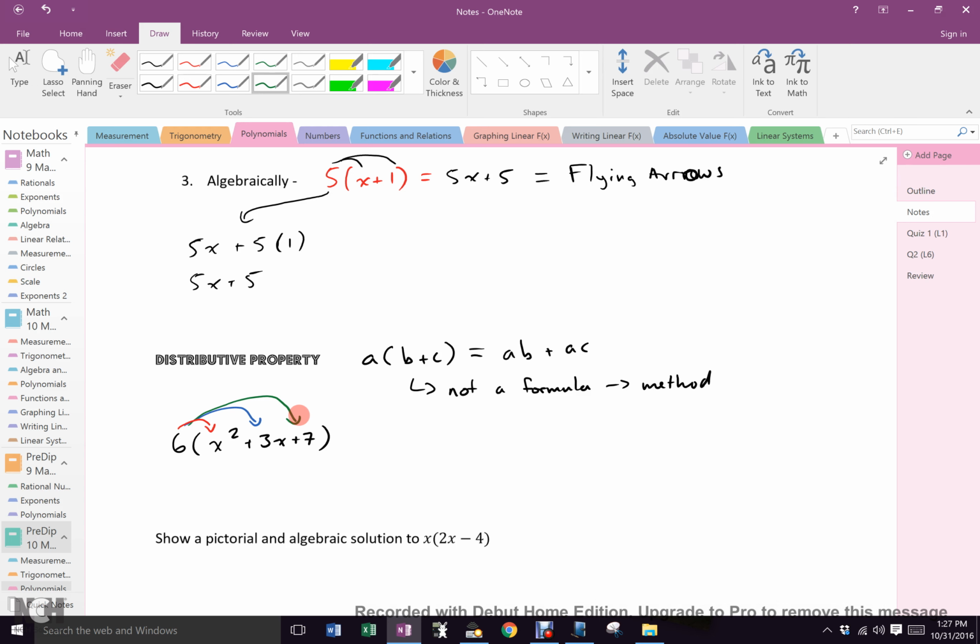You already know this. This is not news to you, but there's a couple of other warnings. What if there's a negative out in front? What does that do to B and C? Then the answer is going to be negative AB minus AC. The negative will change everything inside the brackets.